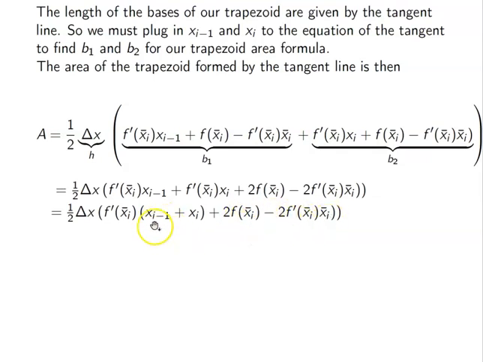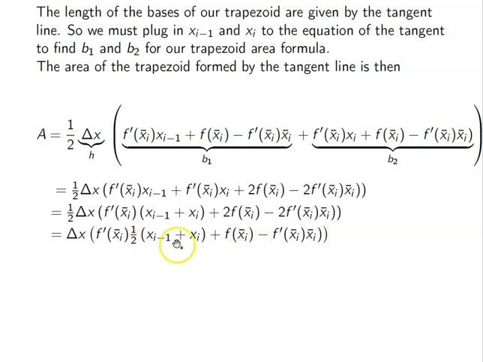We keep this as 2. That looks pretty good. Let's see what else we can manage to do here. So here I moved in the 1/2, and I divided each of these by 1/2. Here I multiply this into the parentheses, so I get half of this. This turns into 1, and this turns into 1.